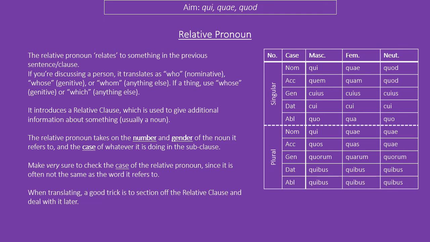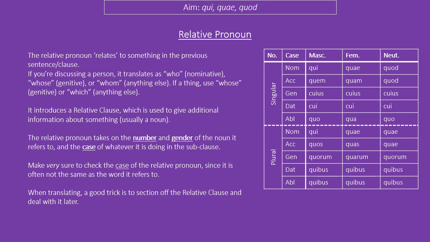Relative pronouns always introduce relative clauses, which are subordinate clauses used to give additional information about something, almost always a noun. The relative pronoun takes on the number and gender of that noun that it's giving you more information about, but the case of the relative pronoun is just whatever case it would naturally have in the subclause.